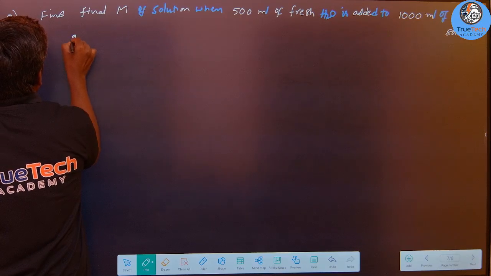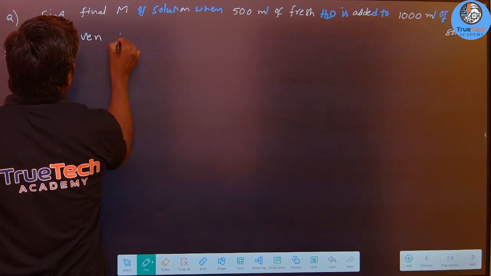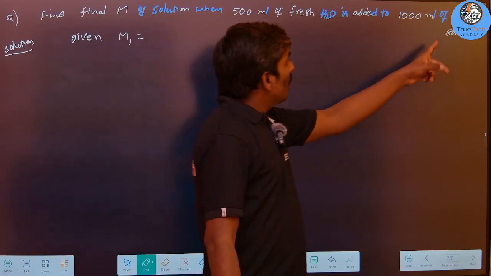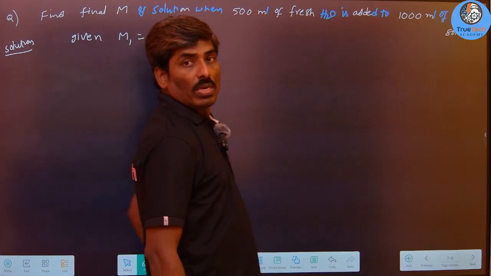So what is given? Given M1. We already discussed M1 is initial molarity. What initial molarity is given? 2 molar.